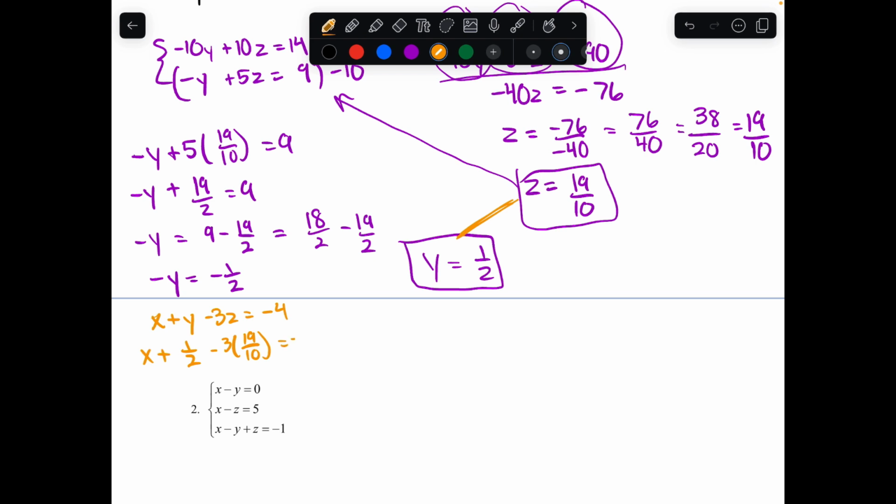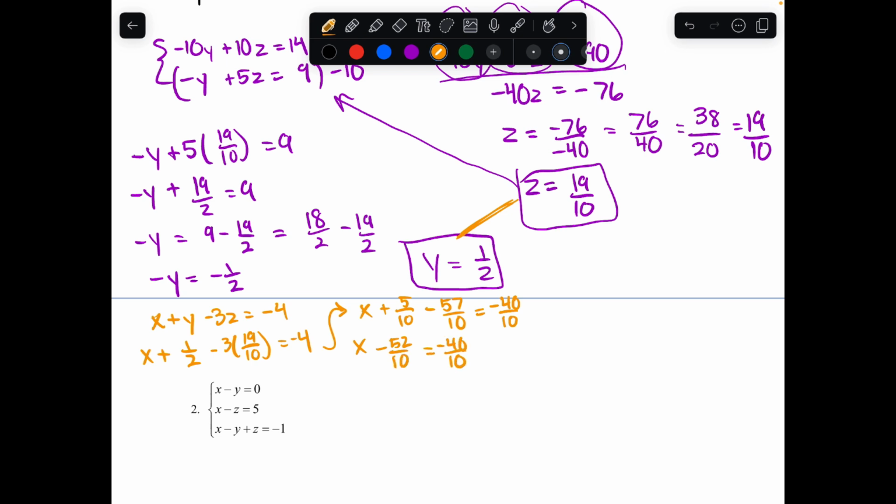to negative 4. Now I'm going to go ahead and make all the constants have a 10 as a denominator. So we're going to have x plus 5 over 10 minus 57 over 10 equals negative 40 over 10. Combining like terms, we have x minus 52 over 10 is equal to negative 40 over 10.